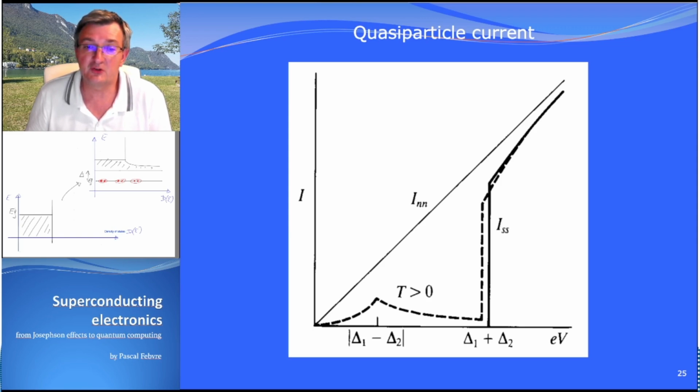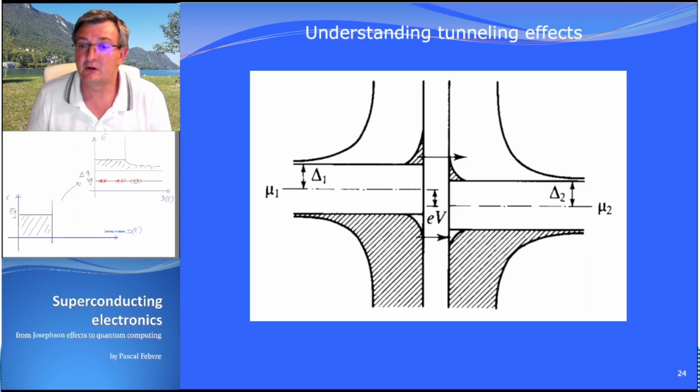Why at the gap? Just because at the gap voltage this level is just across from this one, and you have infinite density of states here and here, so you have a photon assisted tunneling in some way, or at least voltage assisted tunneling from this part to this part.